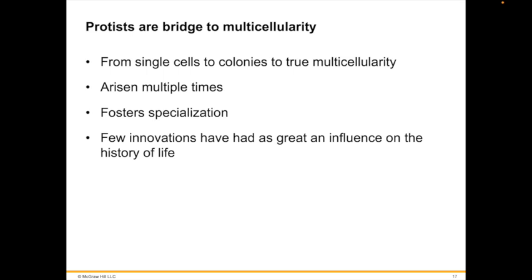The great advantage of multicellularity is it fosters specialization. Some cells devote all their gene energies to one function in tissue, other cells to other functions. Few innovations have had as great an influence on the history of life as the specialization made possible by multicellularity.